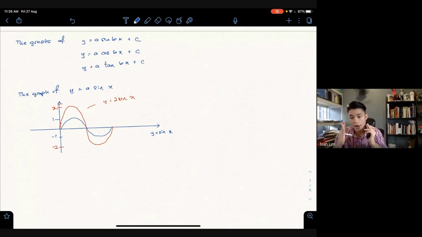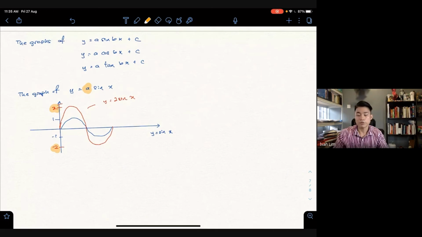Your x value still remains. So it only affects the y value. This is how the value in front, your a, will affect your entire sine or cos graph.